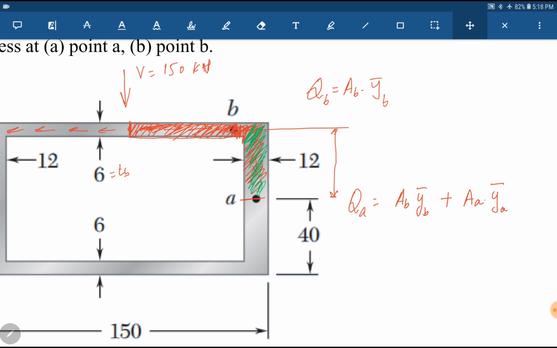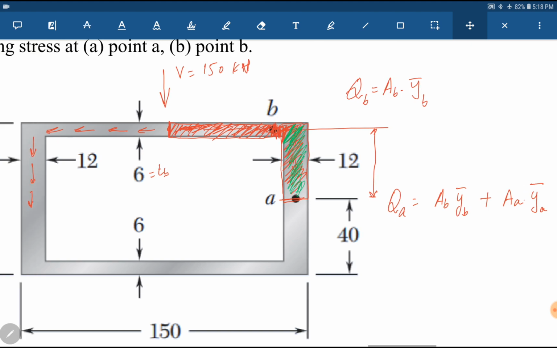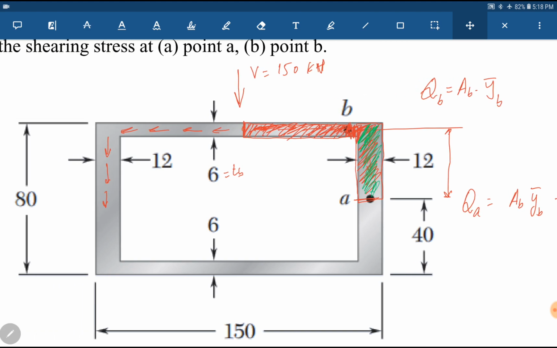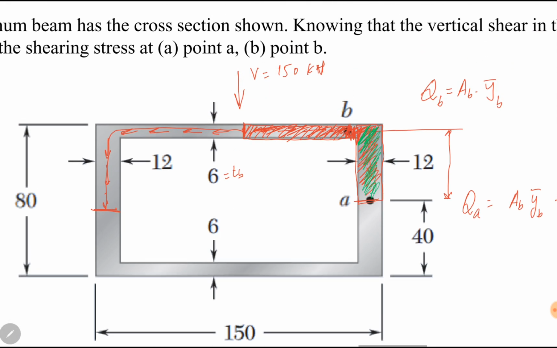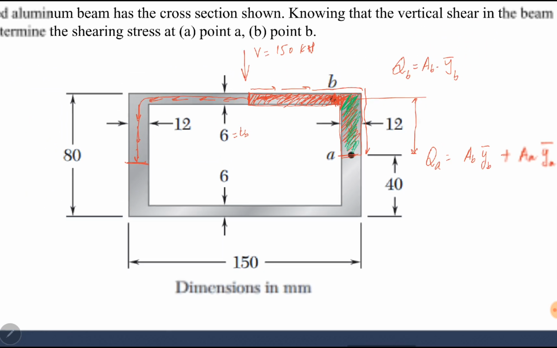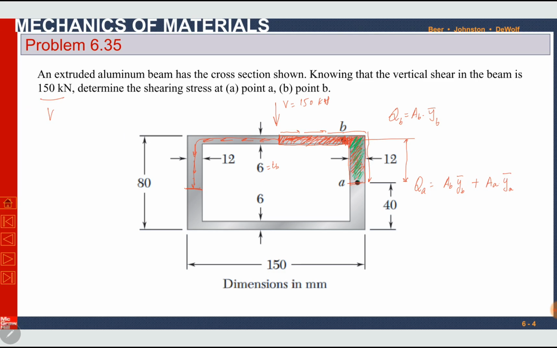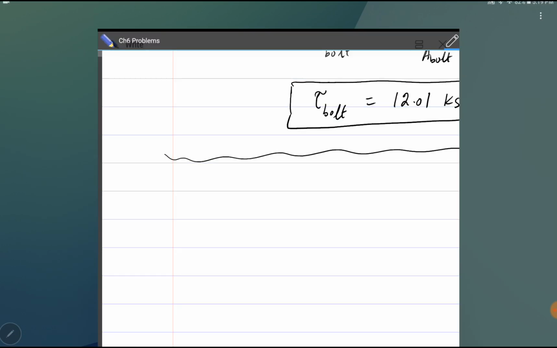This extra area has been added to it. Some people consider this section as well, then you have to take double thickness in this case. I am just considering half of the part, when the shear flow starts from here and moves from B till A. It passes through B and then reaches A. Okay. I will move towards its solution.